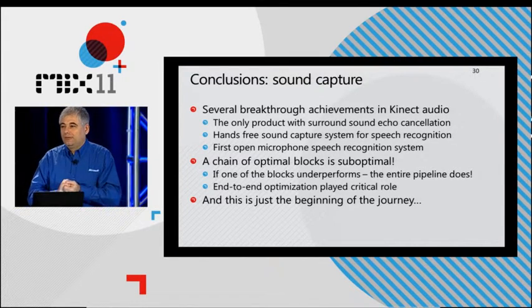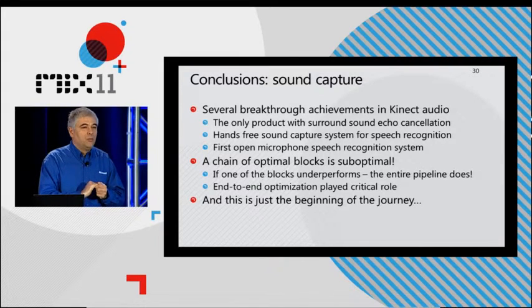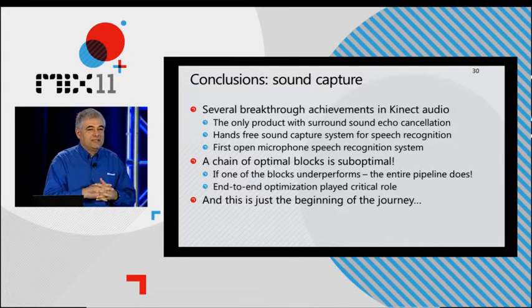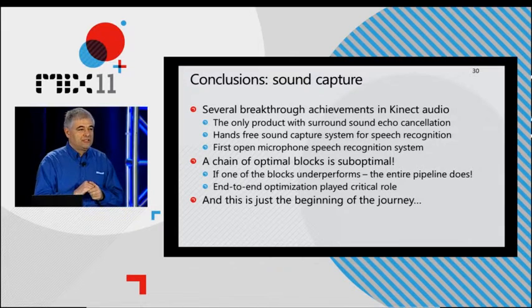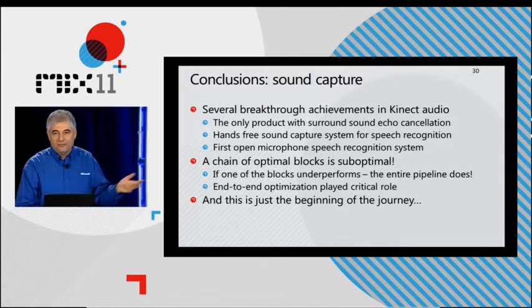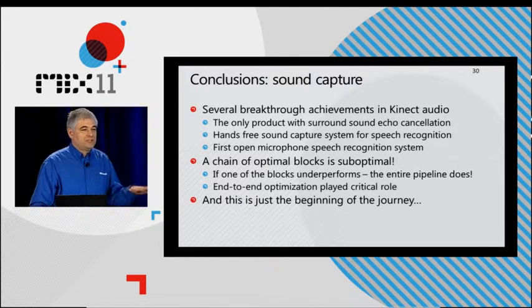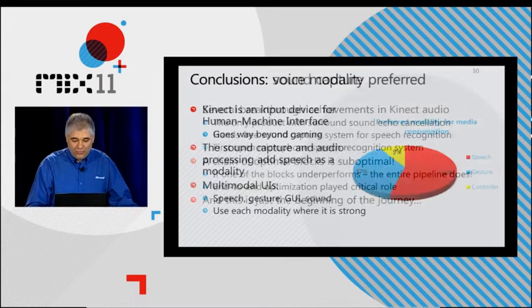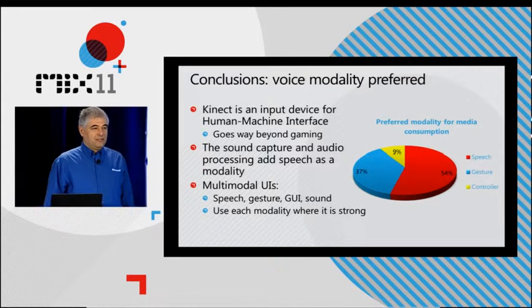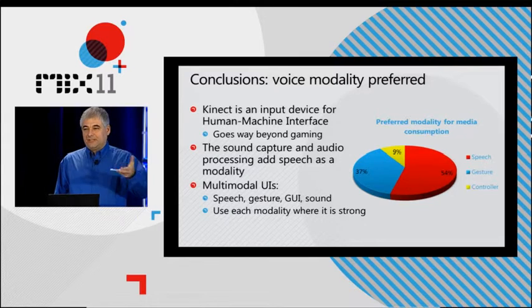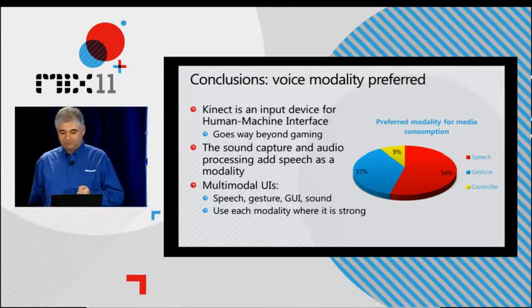And I want to assure you, this is just the beginning. More and more exciting technologies are in the pipeline, coming from Microsoft Research towards the Xbox product team to provide better and better service for better and better user interfaces.